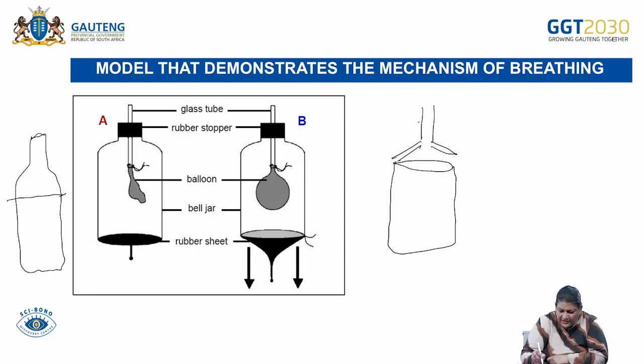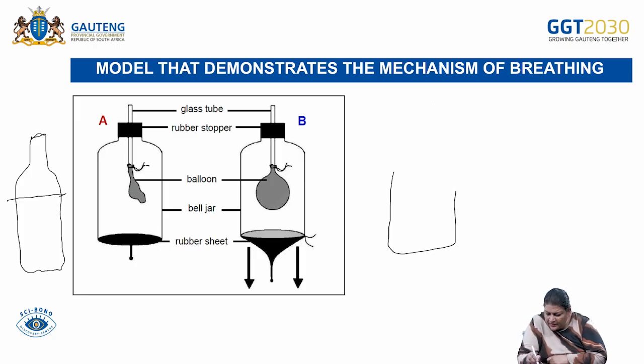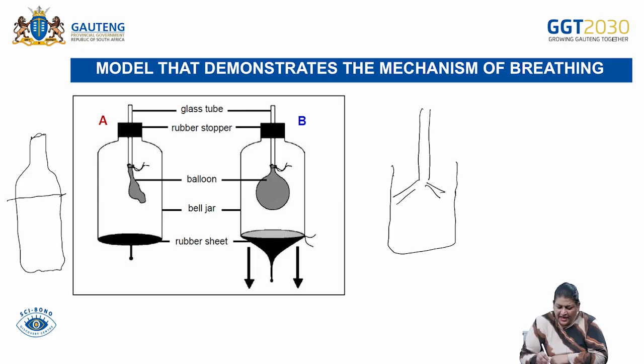So let us now take this here. That's the cut part of the bottle. And then you're going to take a straw, and another 2 straws like this. All right, and you're going to tie some balloons in there, and you can close it up there, right?